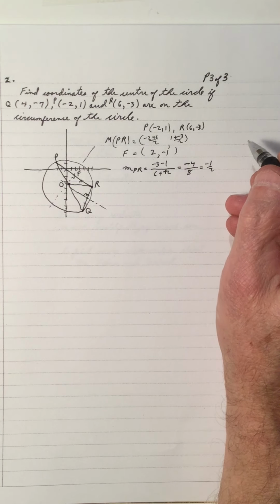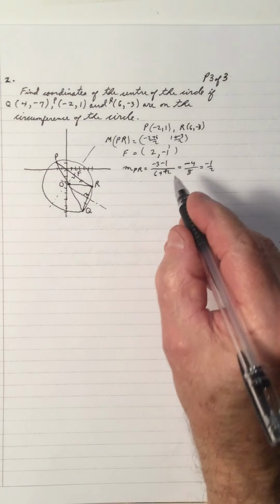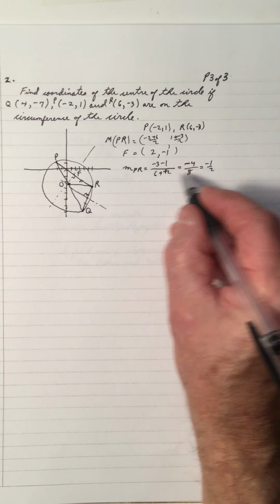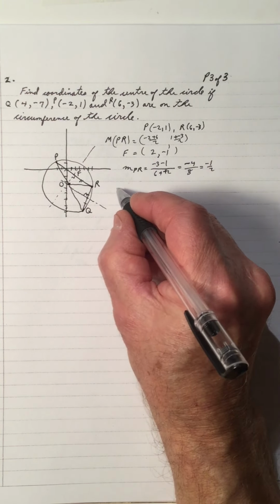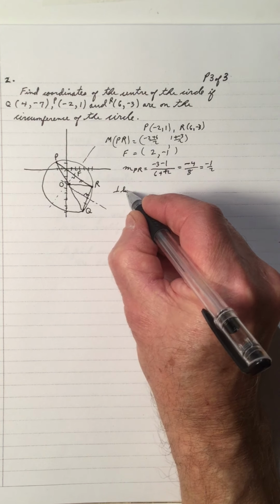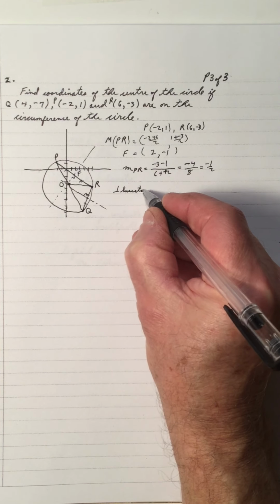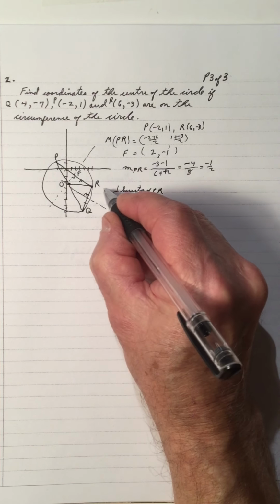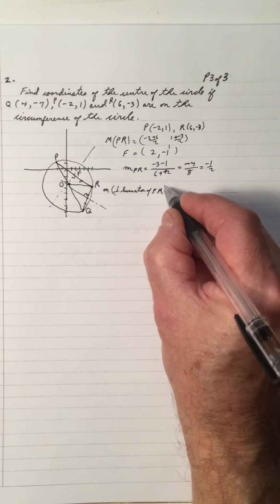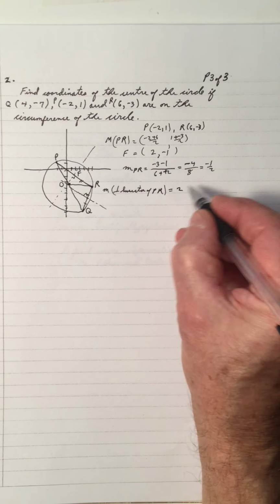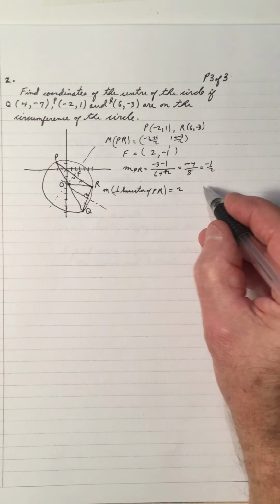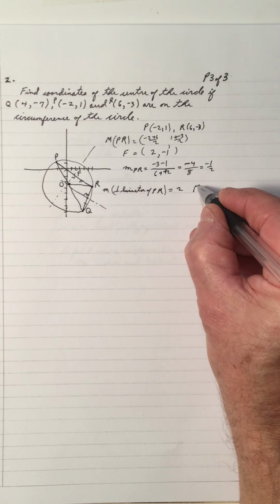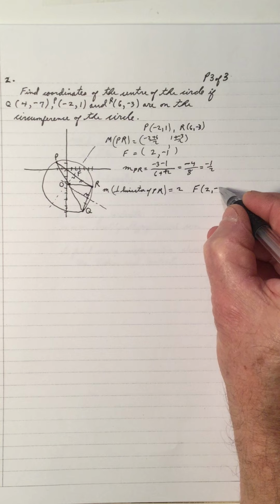So the slope of the perpendicular bisector of PR is 2, because it's the negative reciprocal. And that perpendicular bisector goes through F, which is (2, -1).